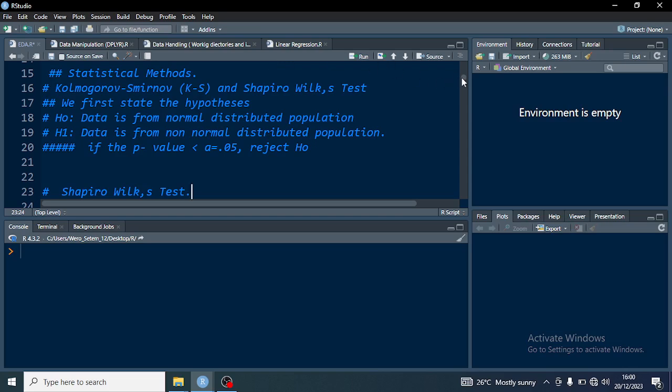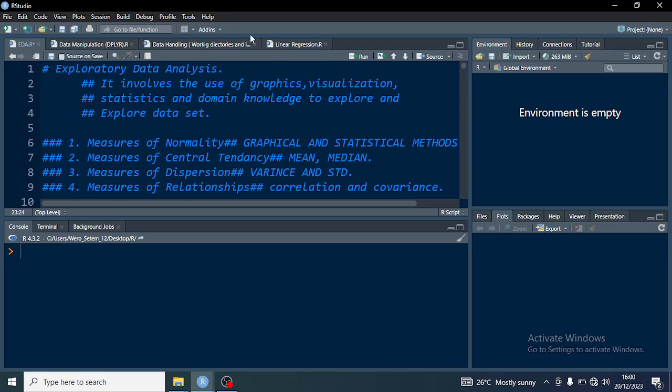And in this session, we're going to look at exploratory data analysis, what it is, what it entails. In exploratory data analysis, just as the name suggests, we are trying to explore the data and to see some hidden relationships in the data. Here we'll use graphics and visualization.